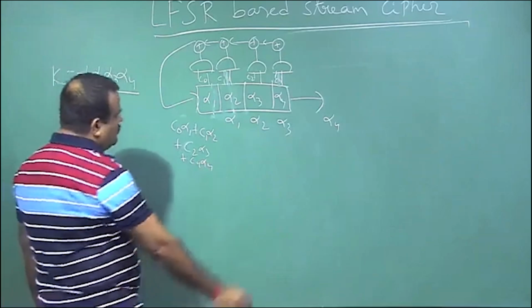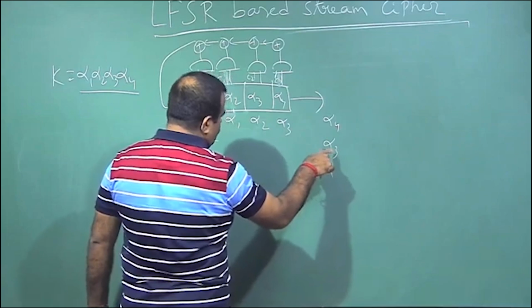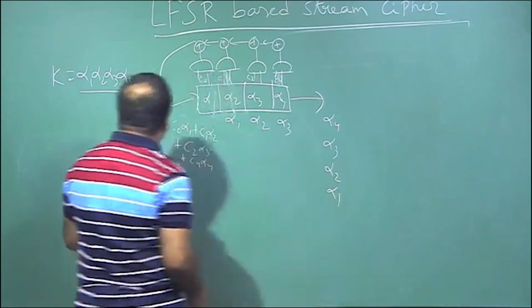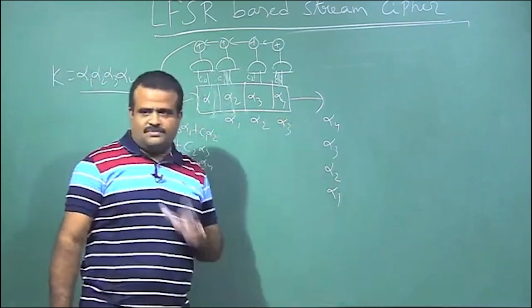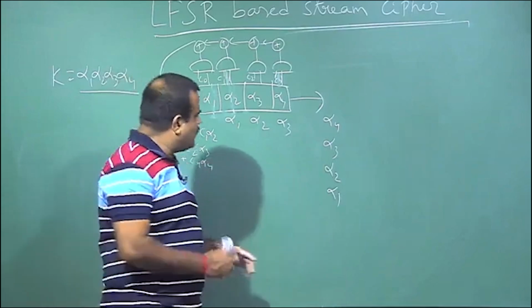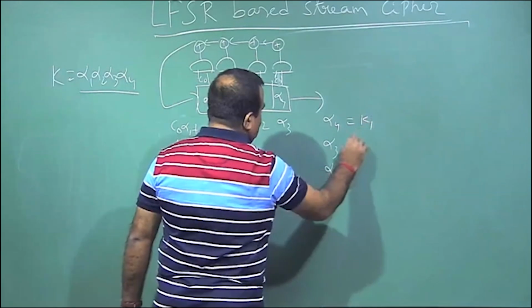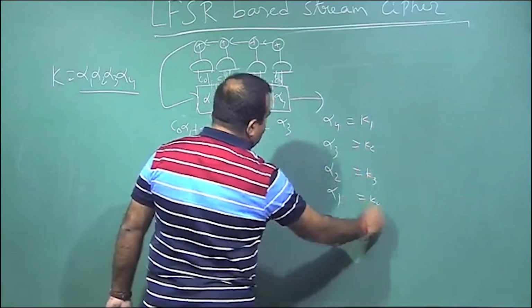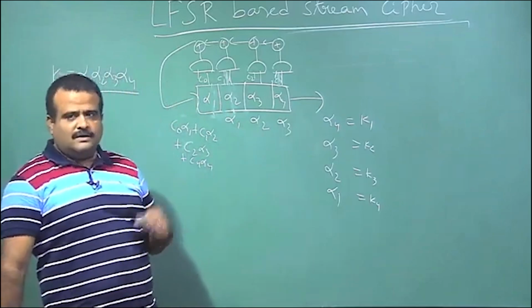The next key stream bit will be alpha 3, and so on. So these are the key stream bits K1, K2, K3, K4. Up to K4 we are basically getting the secret key.